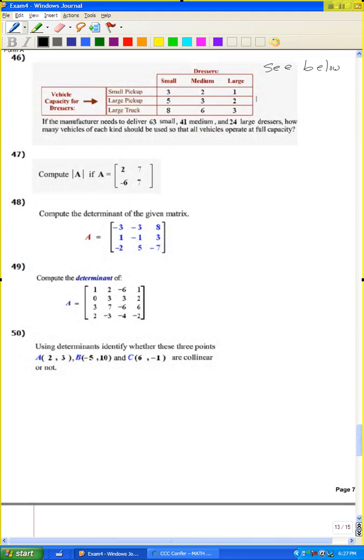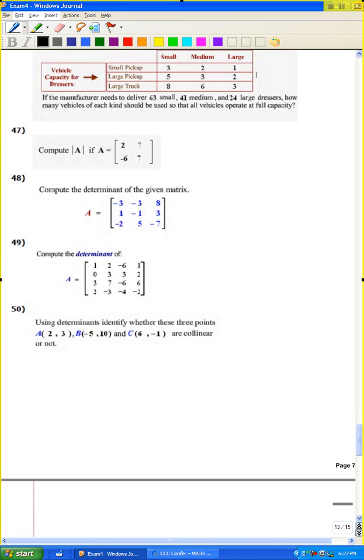Okay, so let S be the small pickup, L be the large pickup, and T be the large truck. Yeah, let's do that. Okay, so this is problem 46.